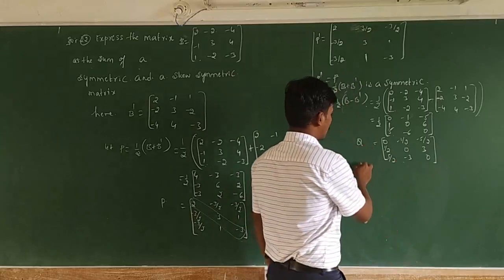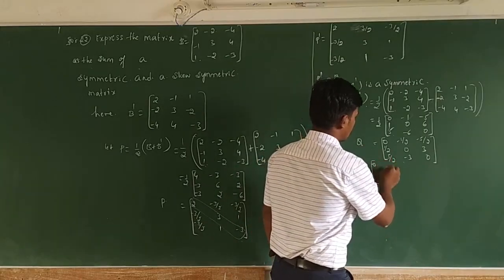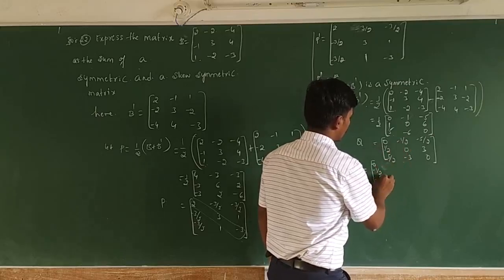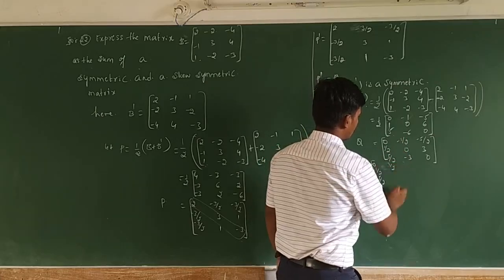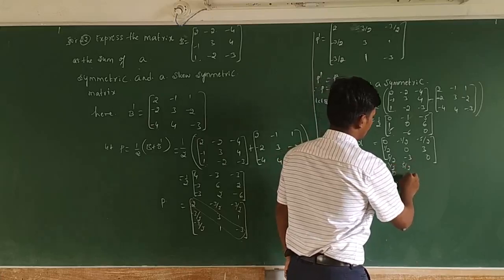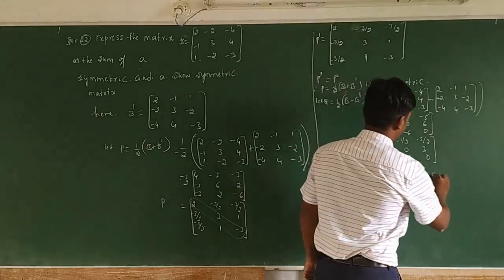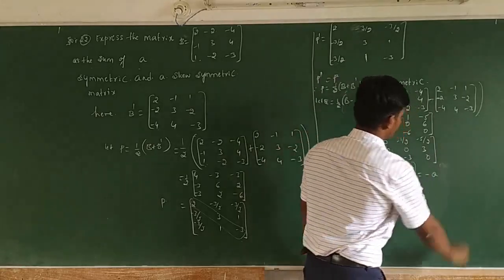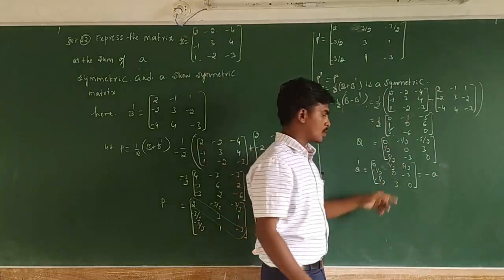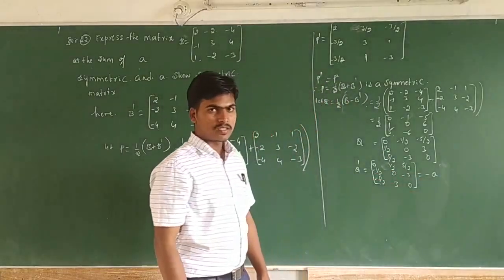Here I am applying transpose to this matrix. What do we get? Q transpose is equal to the same matrix, we get 0, taking the transpose: here -1/2, here -5/2, here 1/2, 0, 3, here 5/2, -3, 0, which is equal to the negative of the matrix Q. So Q dash is equal to minus Q. This is the condition for a skew symmetric matrix.